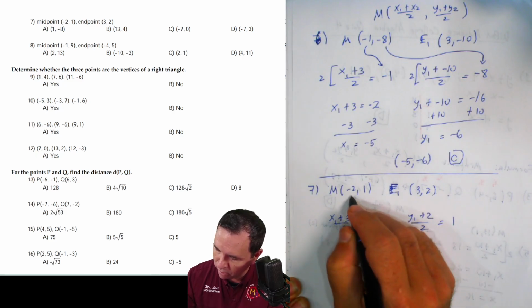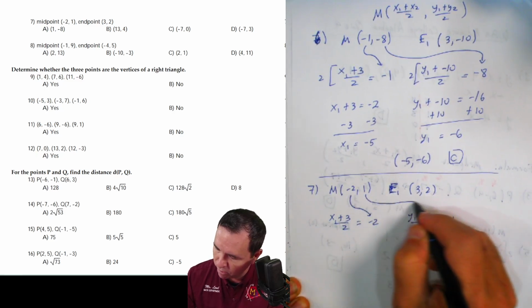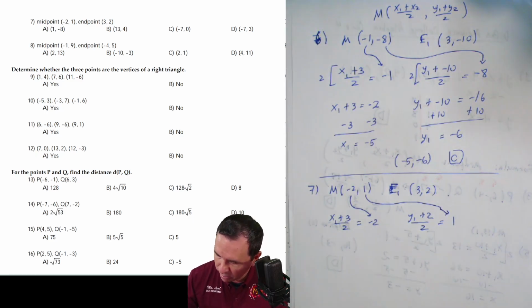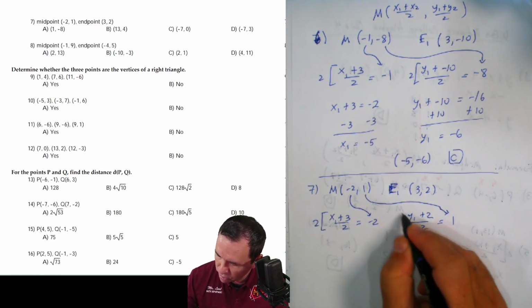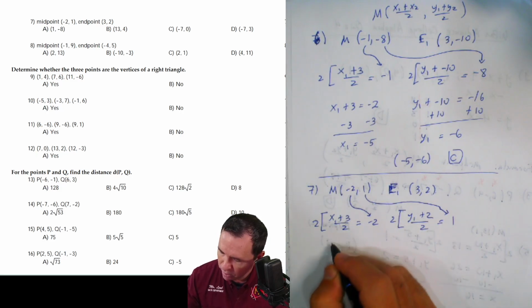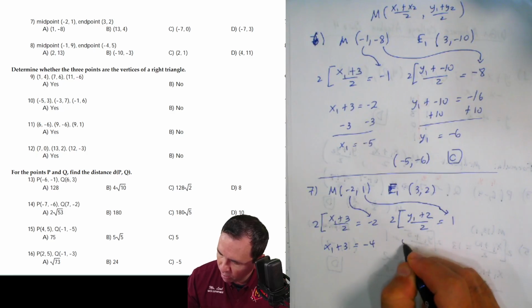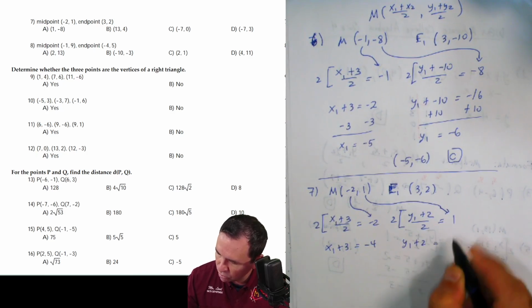And notice I'm getting this from here and this from there, okay? That's how I do it. Okay, now you gotta double everything so that you can cancel the 2 on the bottom. So x1 plus 3 equals -4, and then y1 plus 2 is equal to 2.